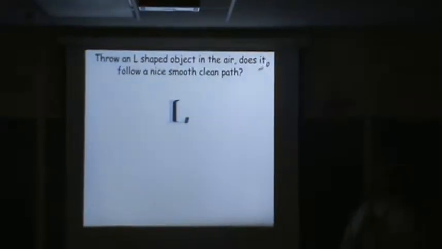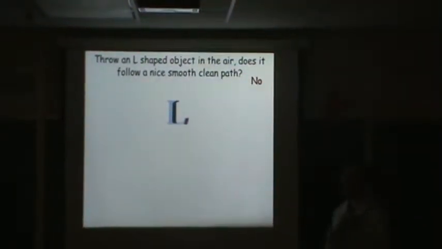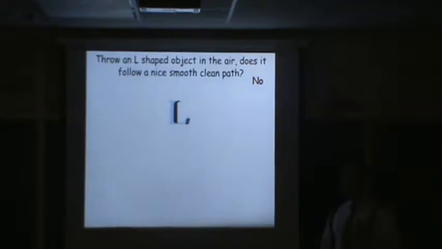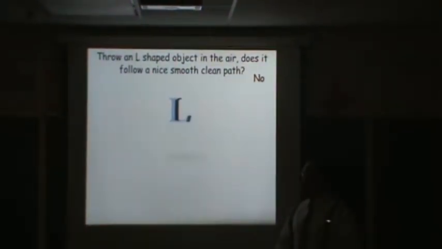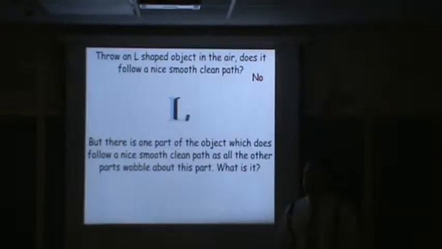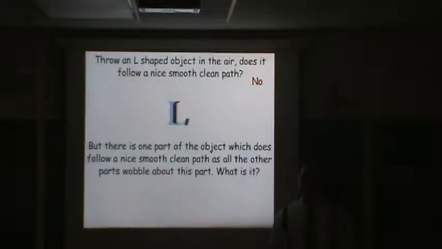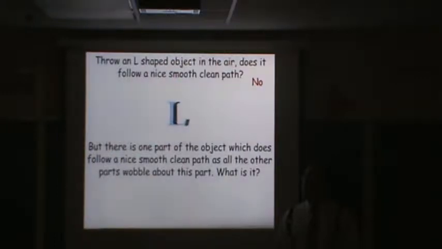But there is one part of it that does follow that nice, smooth, clean path, while all the other parts wobble about that part. That part is what a good portion of this unit is all about. What do we call that part?